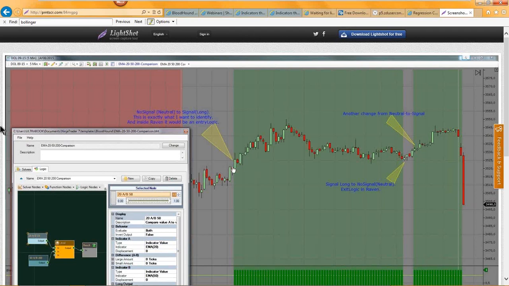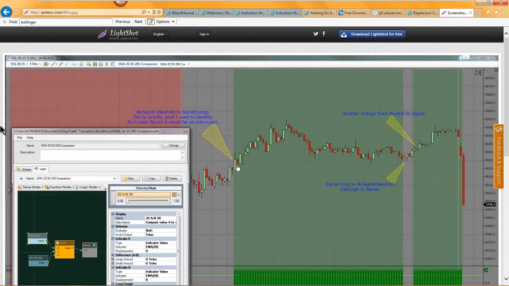Yeah, we can see this first area here. So he's trying to identify when BloodHound's output switches from no signal to a signal. What Leonardo's built gives you a bunch of continuous signals.